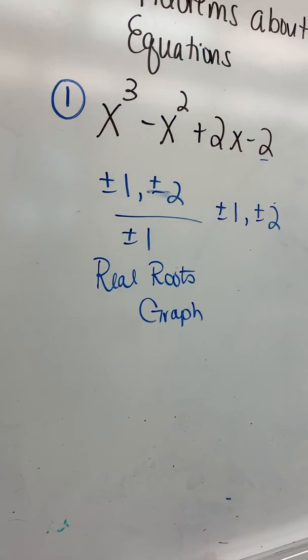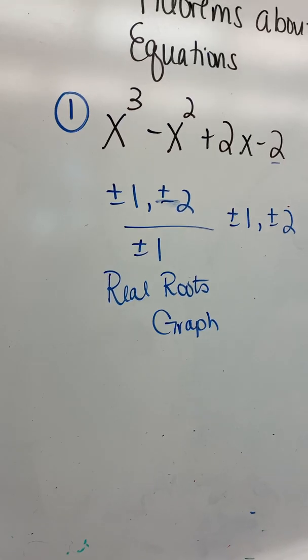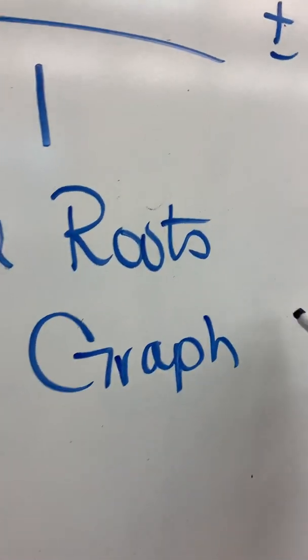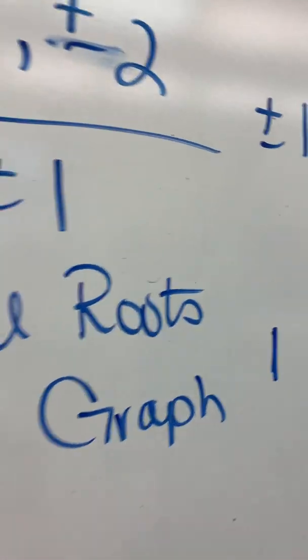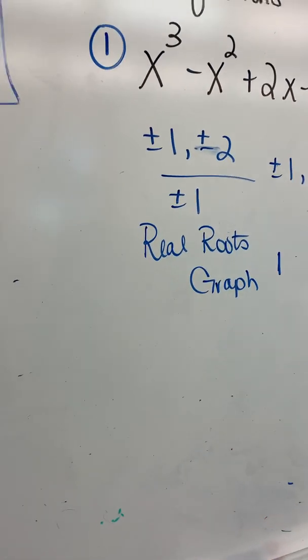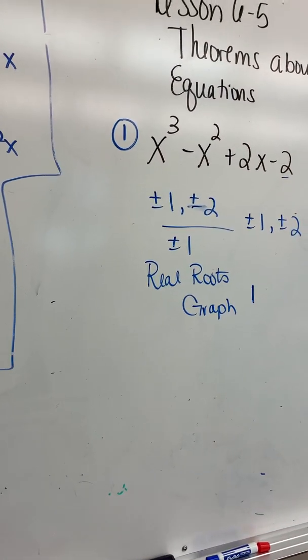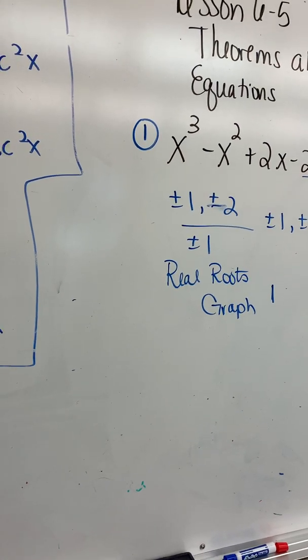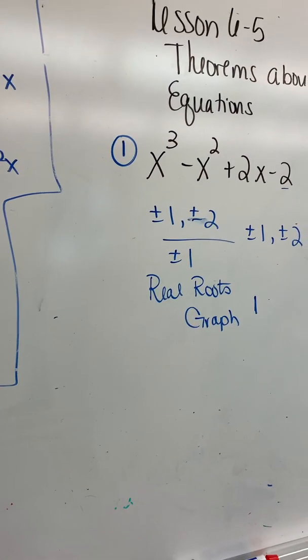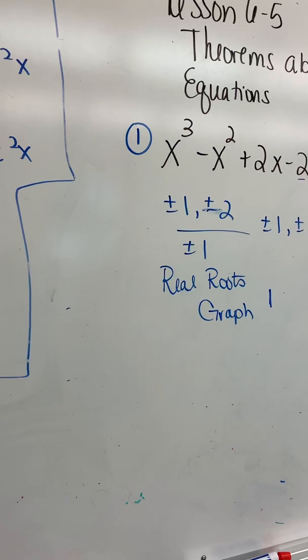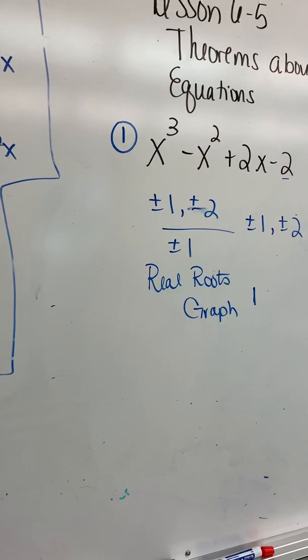Where does it cross the x-axis? 1. So my real root is at 1. And that's all that it's going to want you to do on problems 1 through 6, or 2, 4, 6. Find your possible roots, and then find your real root by graphing.